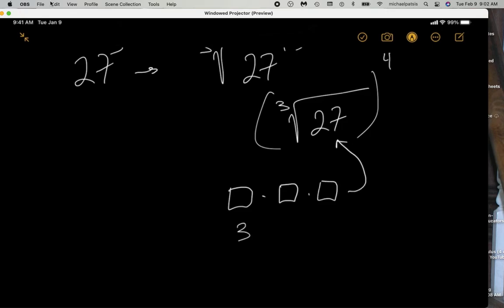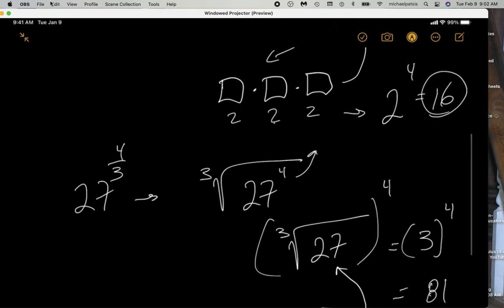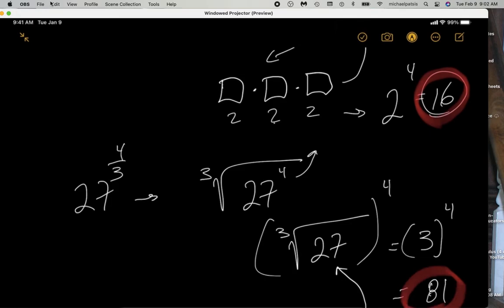Answer is 3. So now we have 3 to the 4th power, and that equals 81. So our final answer for this problem, this was our numerator, here's our denominator, is 16 over 81.